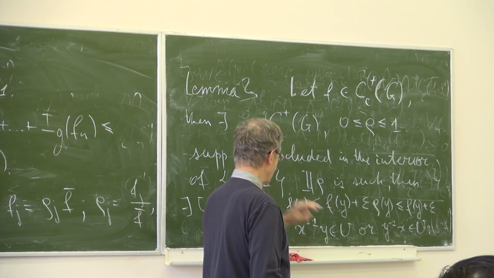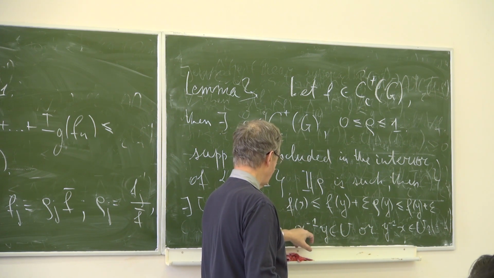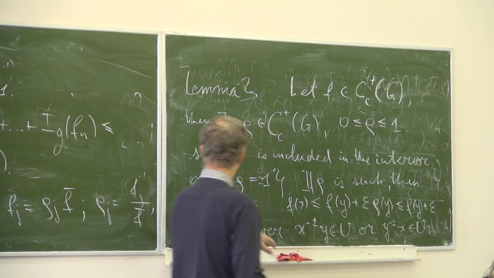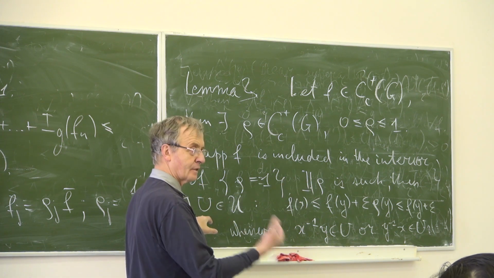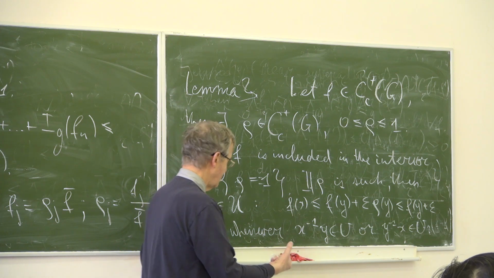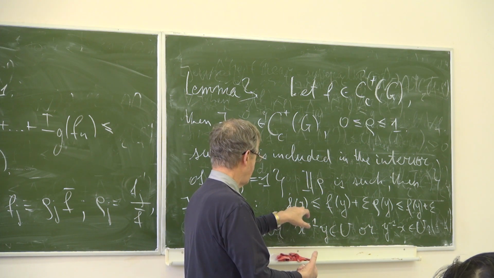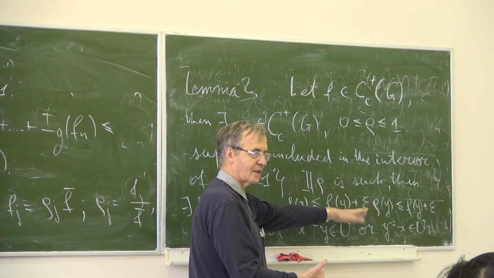Now, it is said here that if x and y are close, so you see, if rho is such, then there exists u, a small measure of closeness. So if they are close, then f of x does not differ much from f of y plus something very small.